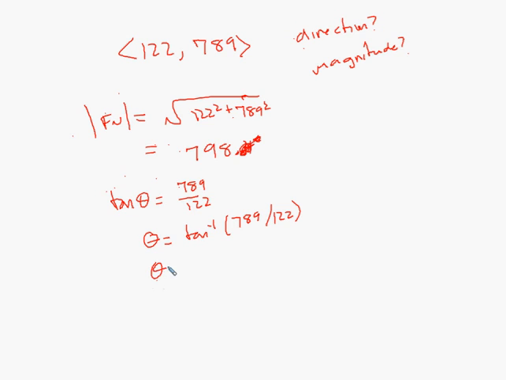So we inverse tan that, and what do we get for our angle? All right. So where does our cow go? Well, in reference to our coordinate, it goes this way at a force of 798 newtons.